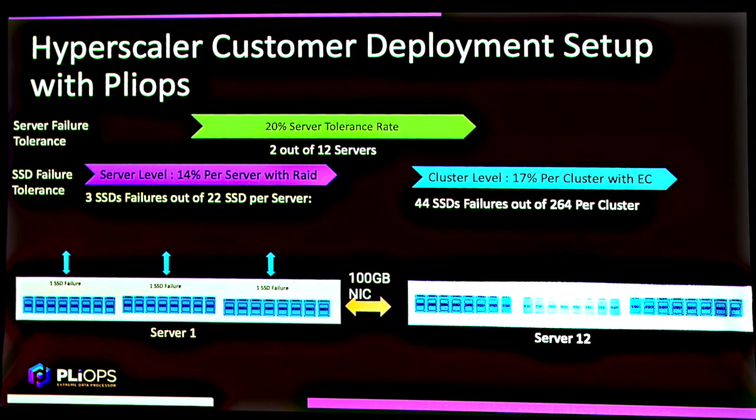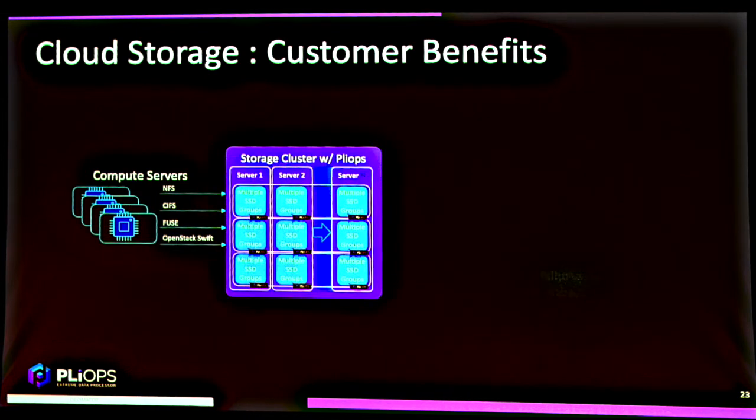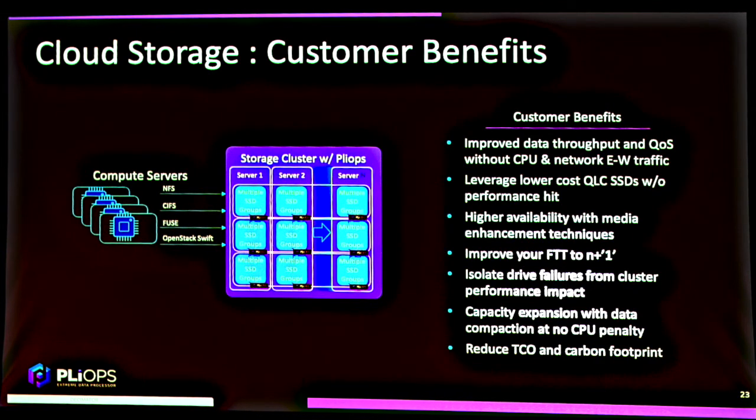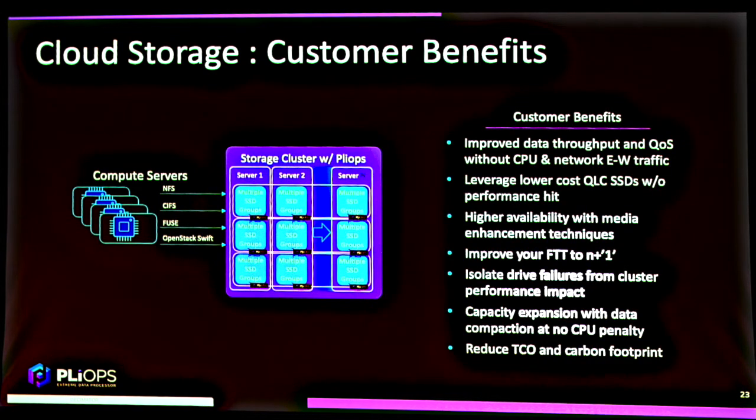So these benefits, when you are looking at a hyperscaler level, run into big dollars. So this was an existing scenario, and this has become the Pliops architecture. It improves data throughput and quality of service, and there is no CPU use, because the servers don't need to use the CPU.